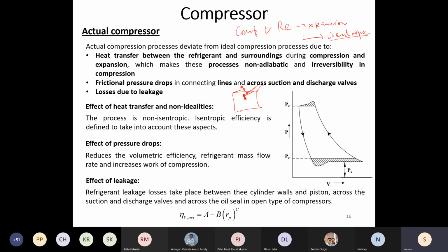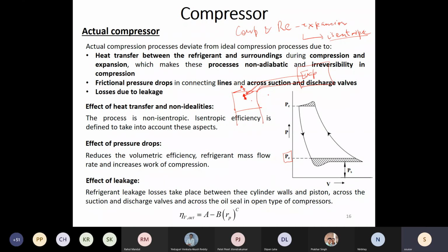Now, why I'm saying this about the loss in volumetric efficiency is, you expected a pressure equal to P evaporator during the suction period. Okay, so this is connected to your evaporator. But in the cylinder, the pressure will be lower than the P evaporator.